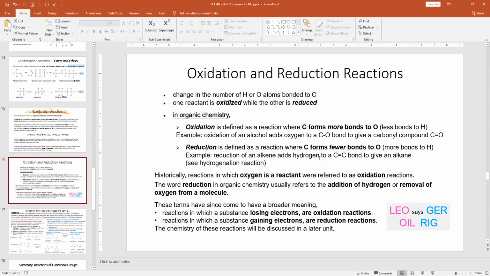Remember those reduction reactions that add hydrogen to a carbon-carbon double bond to give an alkane, like the halogenation reactions we talked about earlier in our lesson today. And so here you have more bonds to hydrogen, so you get a reduction.